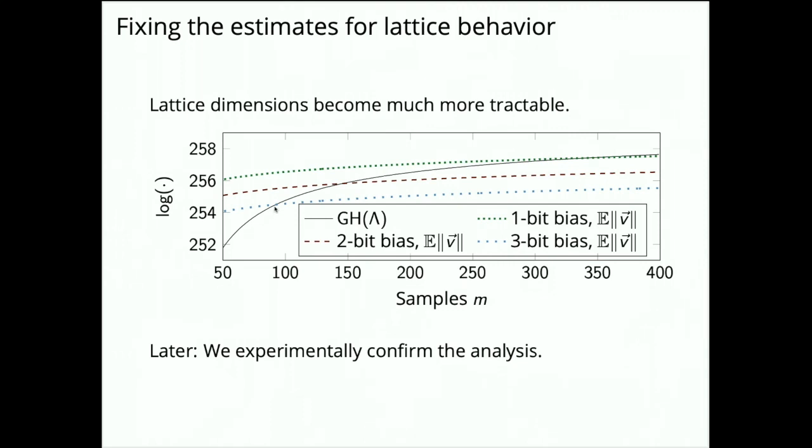So for the 256-bit curve that we were looking at before, for solving a 3-bit bias, you expect it to become feasible with less than 100 samples. And this turns out to actually be the case in practice. And then for a 2-bit bias, it should become feasible at something a little bit less than 150 samples, and it's 132.